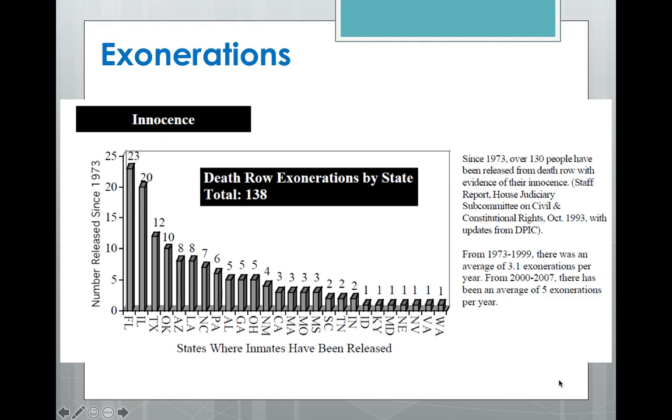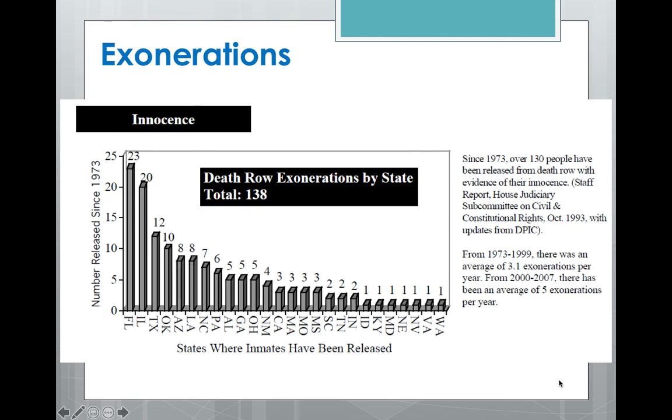Now, the question with death penalties is, what about exonerations? When somebody is on death row waiting to be executed for a murder they were convicted of, what happens if forensic evidence or new evidence shows that they didn't commit the crime? That's what an exoneration is.